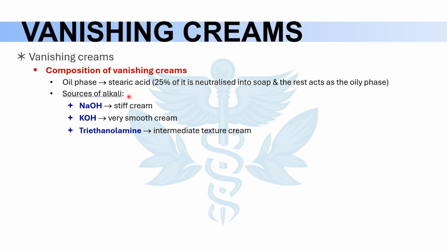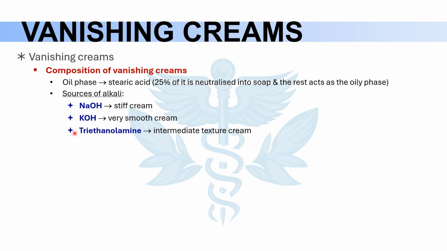In terms of the source of alkali we can use, we have three options: sodium hydroxide, potassium hydroxide, and triethanolamine. And depending on the type of alkali we choose, we can control how the texture of our cream will turn out. If we choose to use sodium hydroxide, we will form a stiff cream. If we add potassium hydroxide, we will form a very smooth cream.